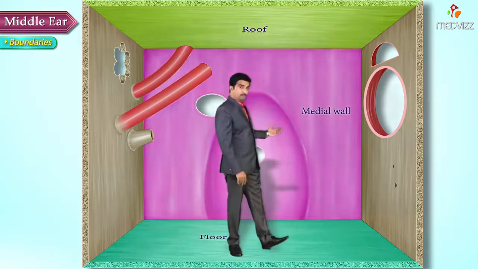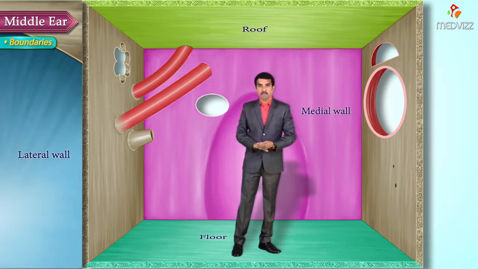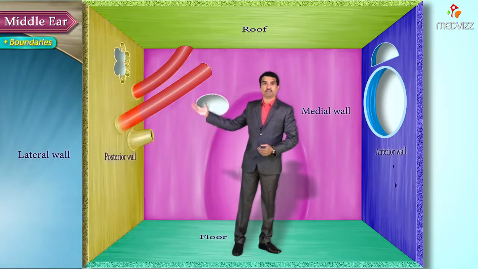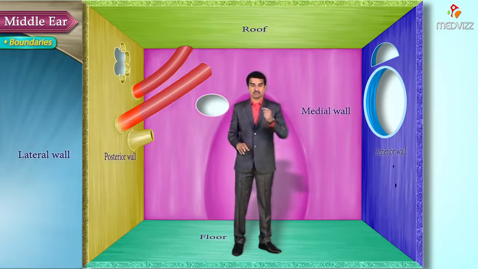This is the medial wall, and the lateral wall is open, which is formed by the tympanic membrane, and it also has the anterior wall and the posterior wall. So like this, the middle ear totally has six walls. Now we have to discuss what structures are formed whenever we are talking about these boundaries of the middle ear.